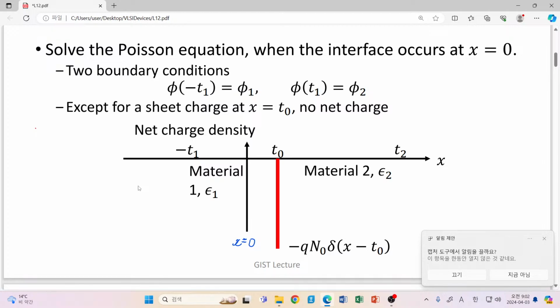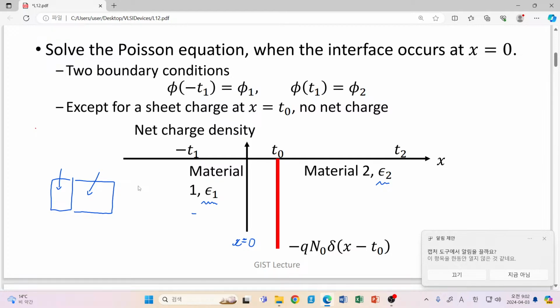For example, having one material and another material, and they have different permittivity. That is quite frequently occurring in our course. So my question is, in general they have different permittivities, here epsilon 1 and epsilon 2.